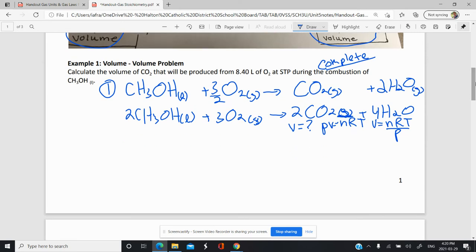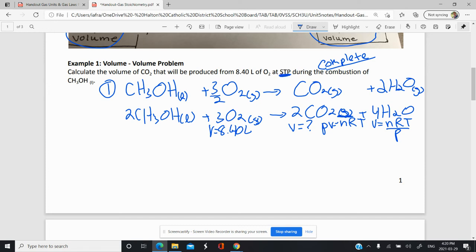Now, what other information do I have? Well, I was given the volume of oxygen. So that's going to be 8.40 liters. Something else that I was given for oxygen is the STP.